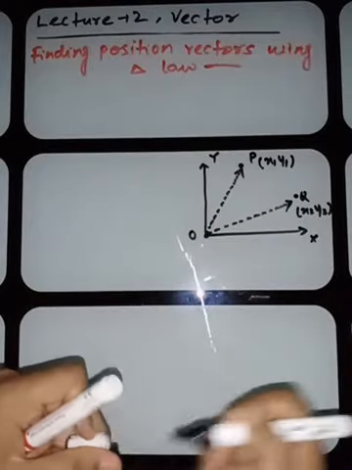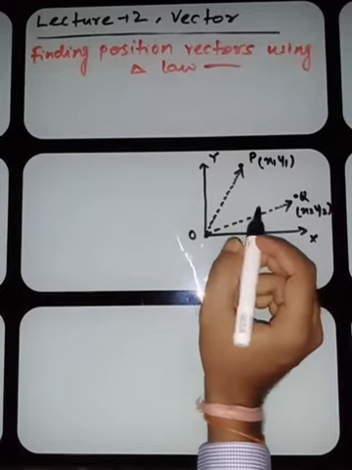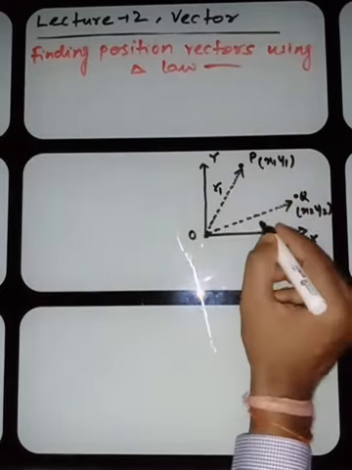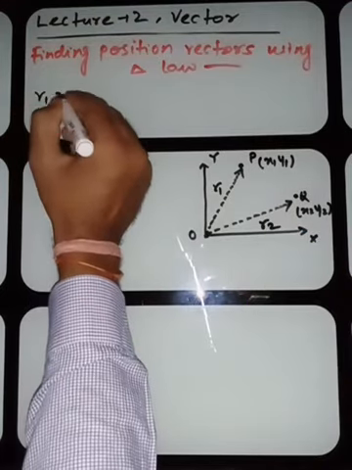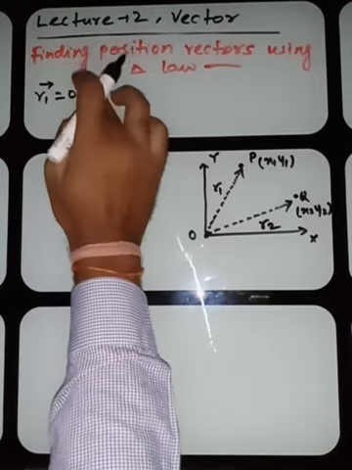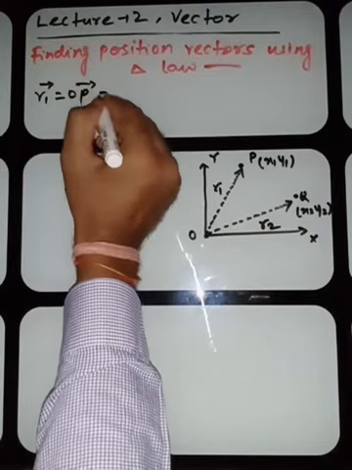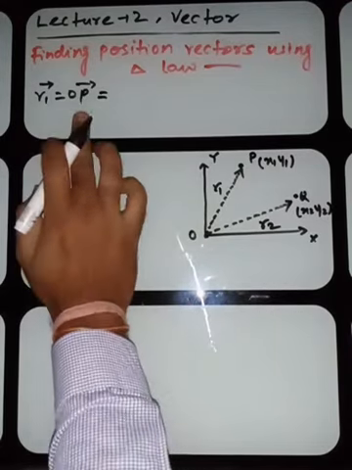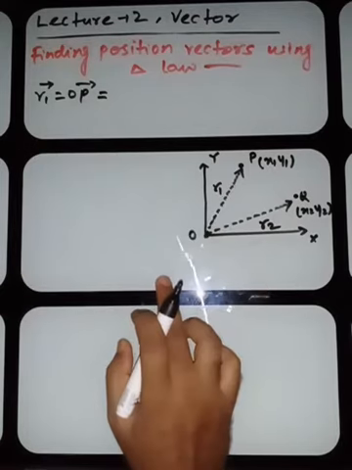Now what will we write for this OP? As I have told you, suppose this is the vector R1 and this is the vector R2. This R1 is nothing but OP, and this is considered as the position of P. This arrow gives you the position of P, but from where?